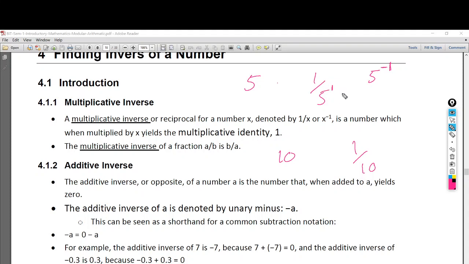When you have a power in the denominator, you can take it to the numerator and make it a negative power. So a to the power minus n is 1 over a to the power n, which you learn in the first topic.